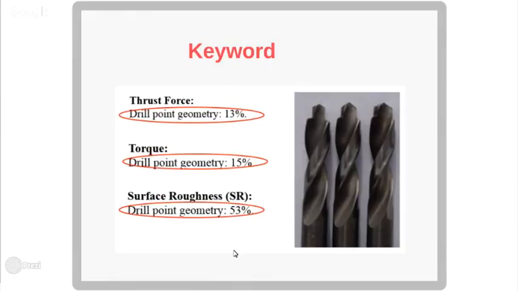So what is the meaning of this keyword? Keyword represents that the drill point geometry, that is jaw drill or the step drill, influences the thrust force, the torque, and the surface roughness. You get the best result with the help of this drill point geometry.